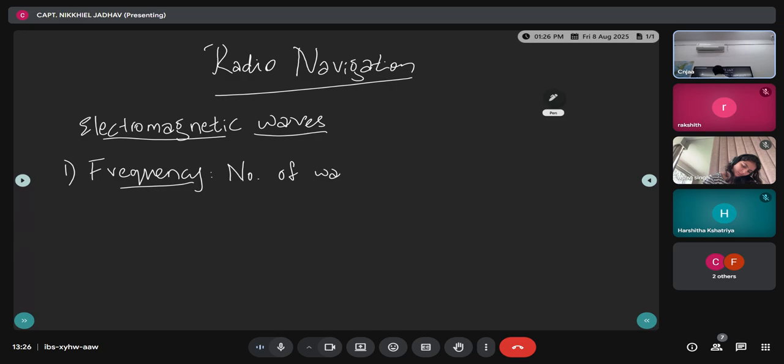Or in physics, we would say the number of oscillations per second. Okay, that is the frequency.